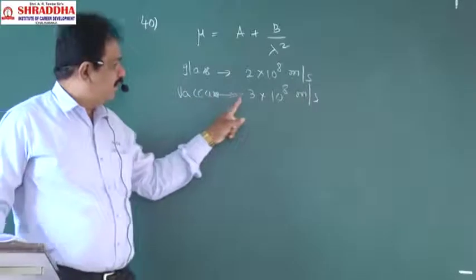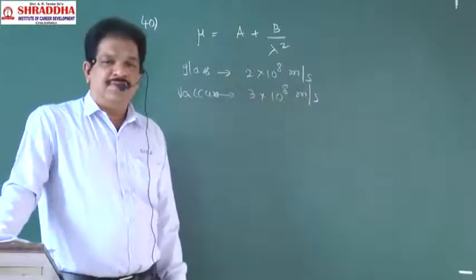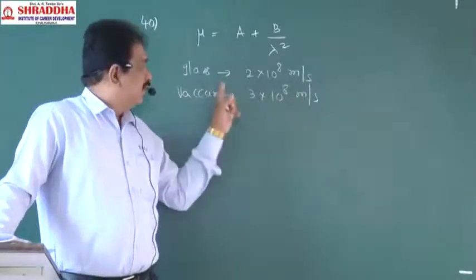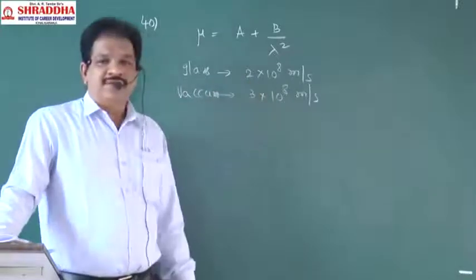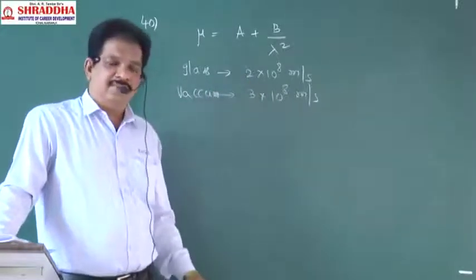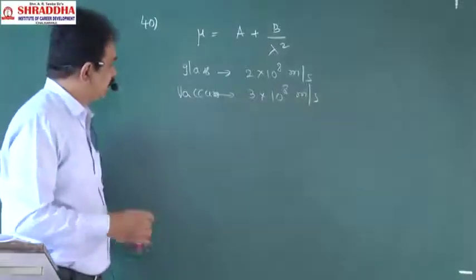Velocity of light in vacuum is 3 into 10 power 8 meter per second. Velocity of light in glass is 2 into 10 power 8 meter per second.